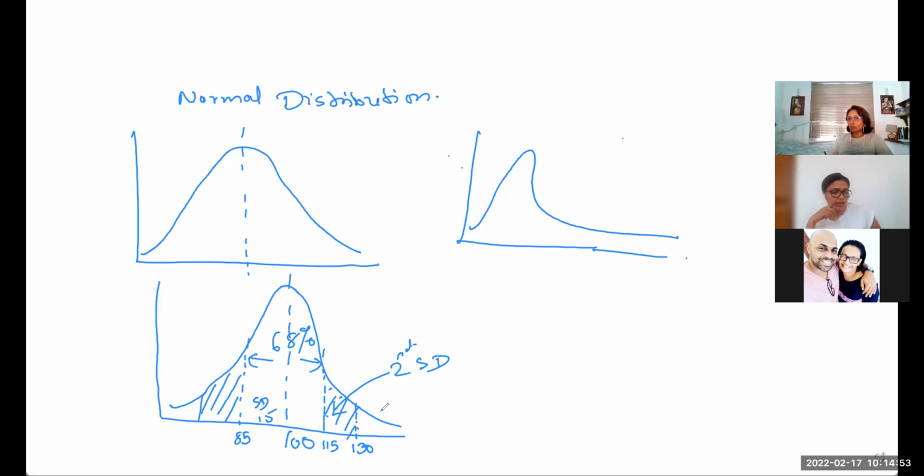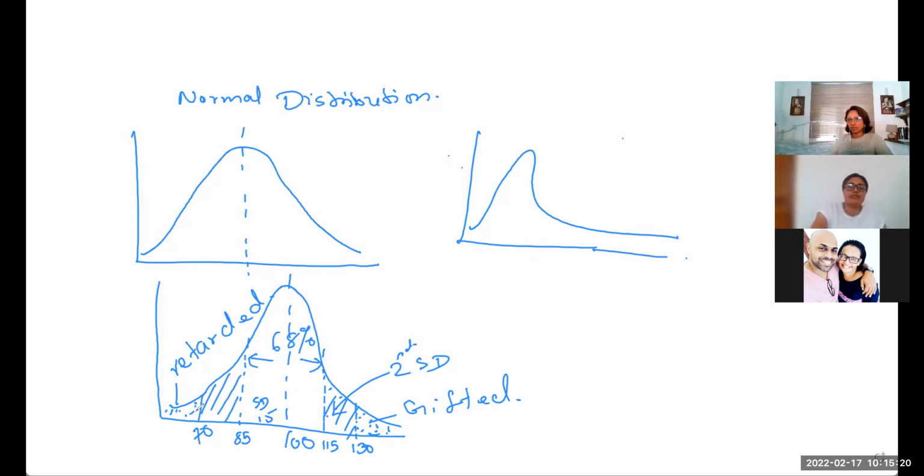And when you go higher than the second standard deviation, you have the gifted, right? And on this side, you have the retarded. So less than 70, so 2 standard deviations.